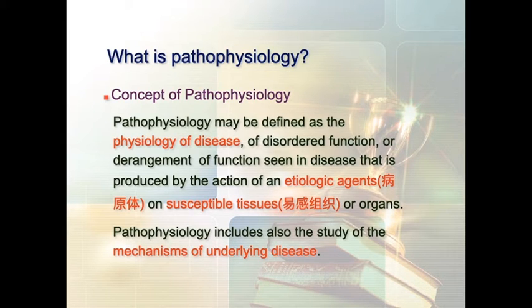Etiologic agents, 病原体, on susceptible tissues, the vulnerable tissues, 易感组织, or organs, 易感器官, susceptible organs.